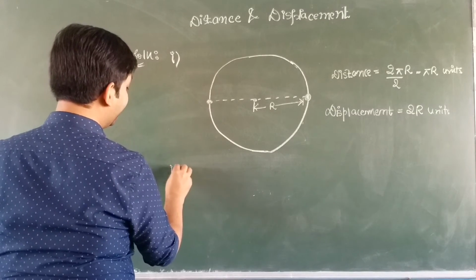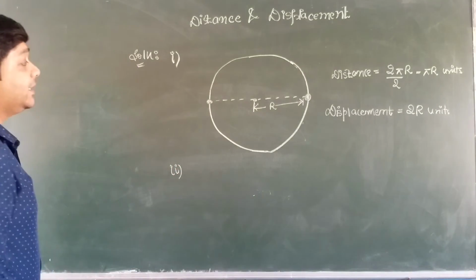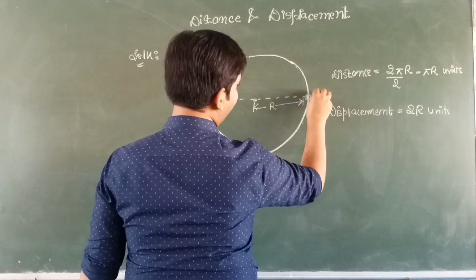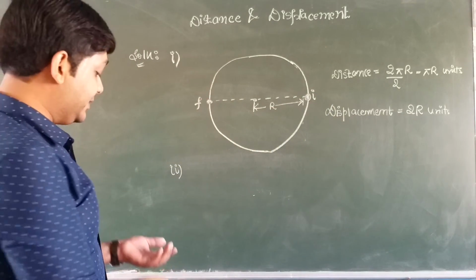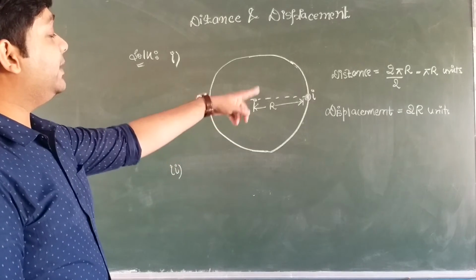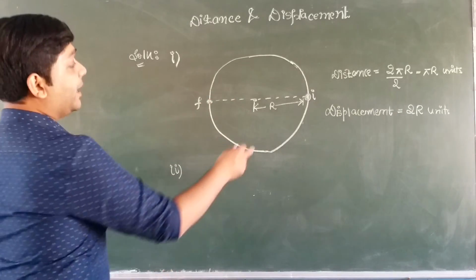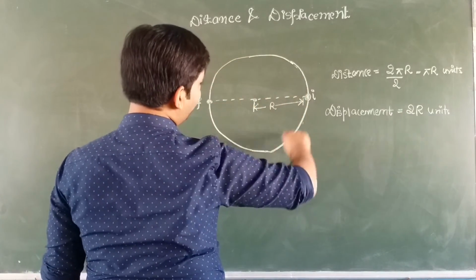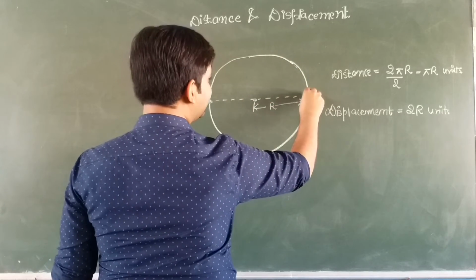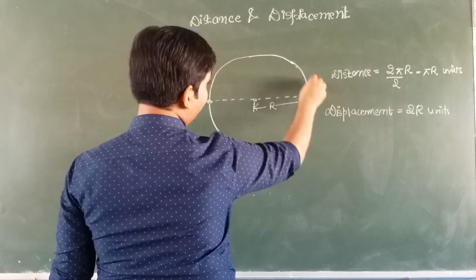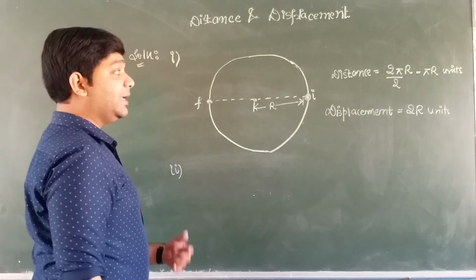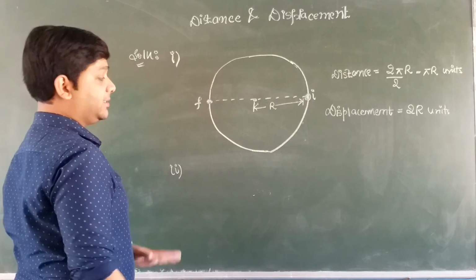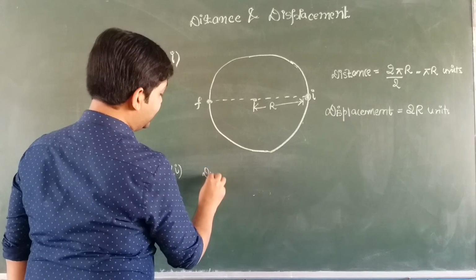And now in the second part, I will write here initial and this is final. Now in the second part it is saying what will be the distance and displacement when the particle has covered one complete revolution. That means let's say the particle starts from here and it again comes back to here. That means the initial and the final points are same. So what will be the distance in this case?